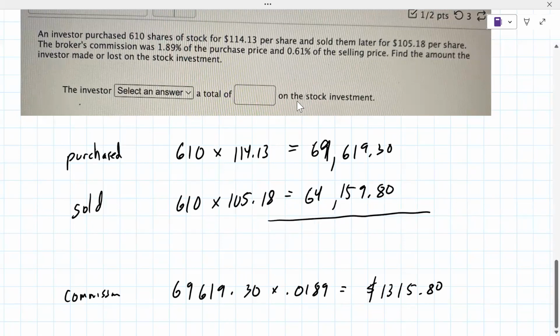He or she bought it for a higher price than they sold it at, so they're going to lose money. They lost $5,459.50. So the investor lost a total of $5,459.50. Will you try that and let me know?